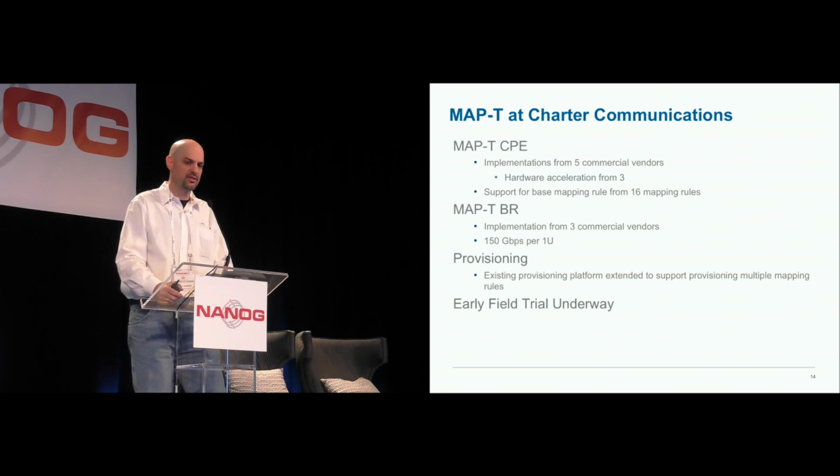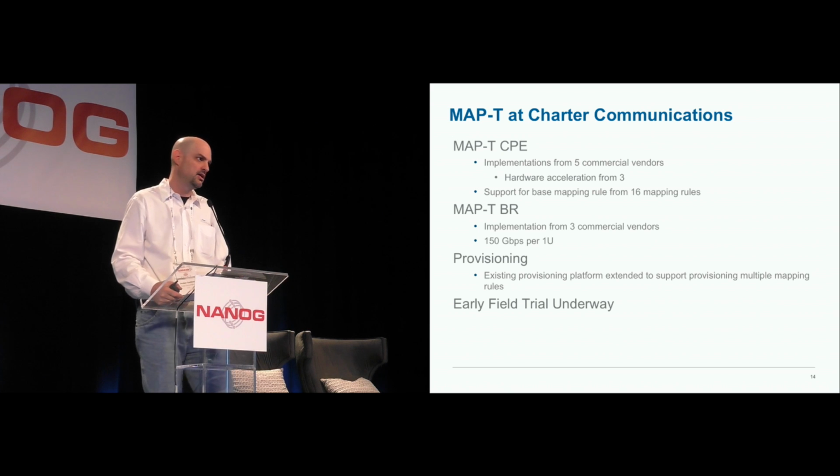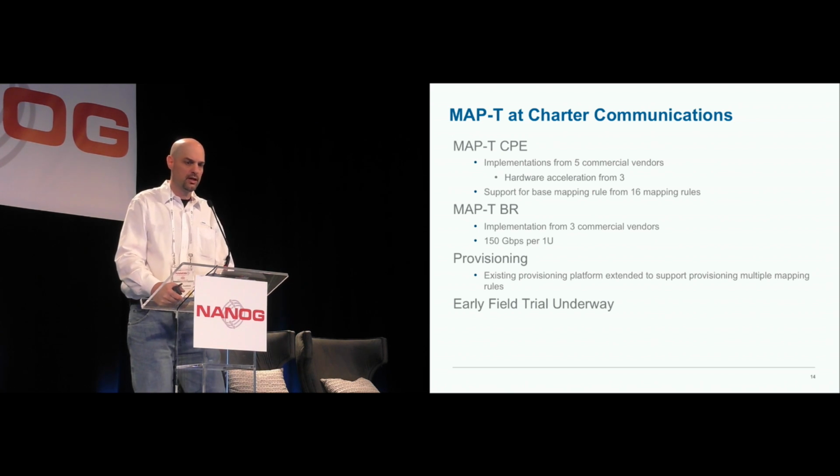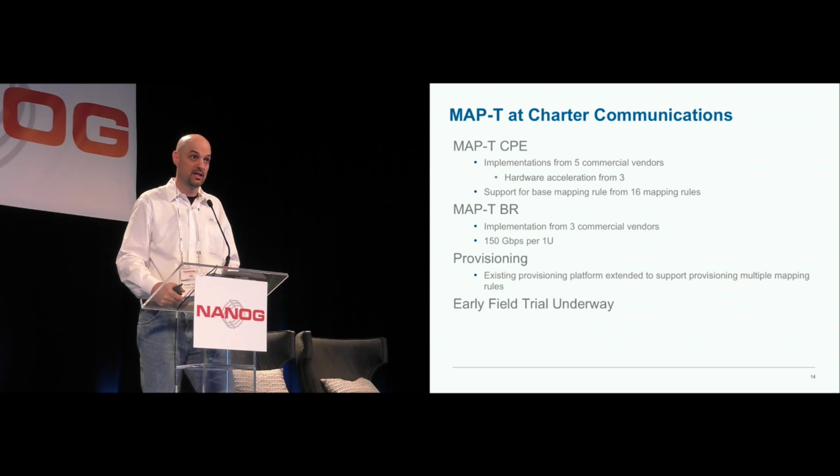Day 1, it was easy to extend ISC DHCP to support MAP-T provisioning, and it didn't take us very long to work with our commercial vendor to not only support option 95, but to also support the multiple mapping rules. I'm proud to report that we're currently undergoing early field trials, and we hope to share some of the data when we have it available and ready for public consumption.